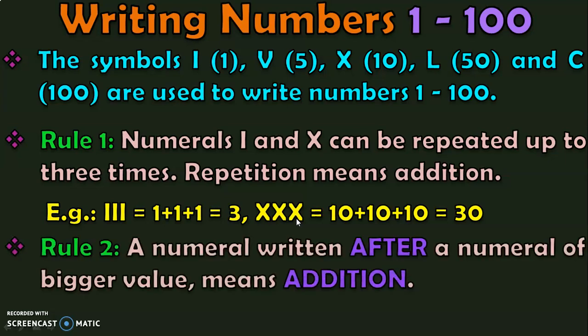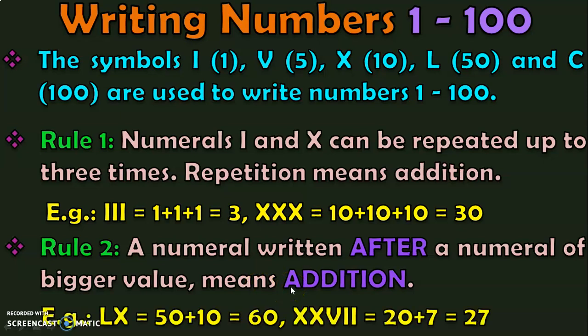Next, rule number 2 is that a numeral written after a numeral of bigger value means addition. Let us see this with an example. We know that L, which is a Roman numeral, has a value of 50. When you write X after L, it means 50 plus 10, which makes the number 60.